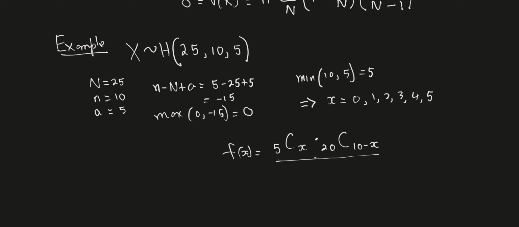So in the denominator, it's the successes and the failures put together, which gives me my big N. And out of that, we're choosing this number of successes and this number of failures for a total of the little n. There we go.